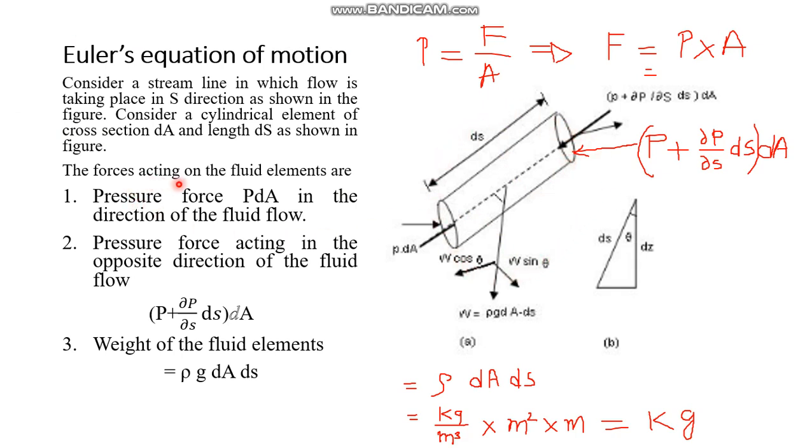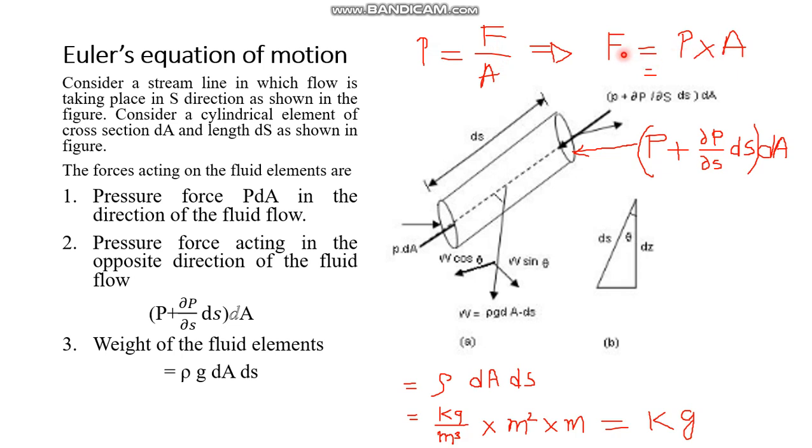The forces acting on this particular fluid element are given by the pressure force on this face. Let us assume that the pressure here is P. Pressure is given by force by area, so the force because of this pressure is P into area.